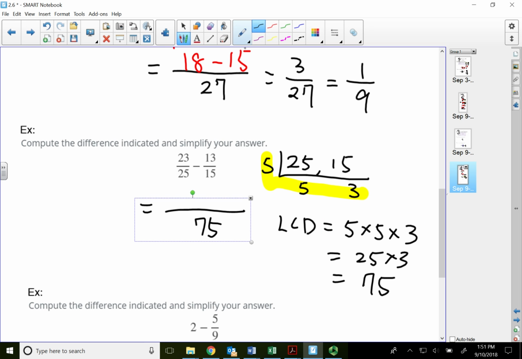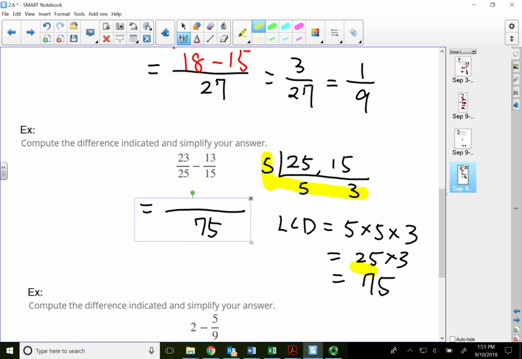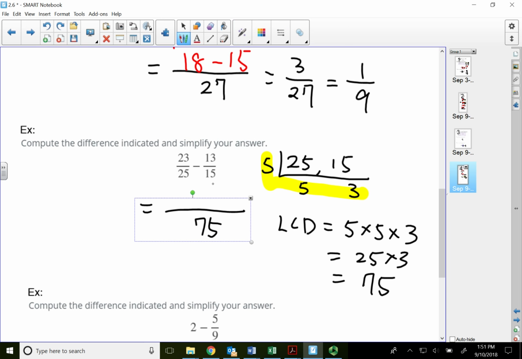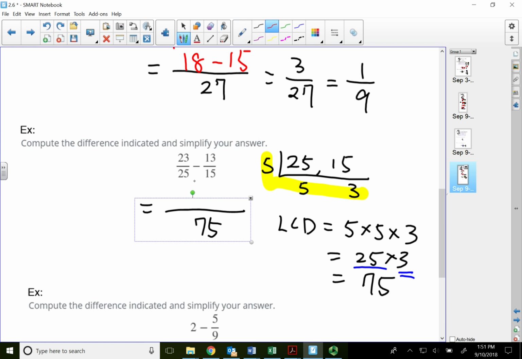So as you can see, my first denominator 25 will go into my new 75 how many times? 3 times right here. So my denominator will be multiplied by 3 to become the new 75.